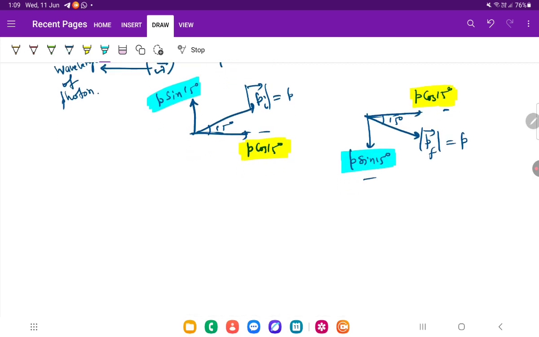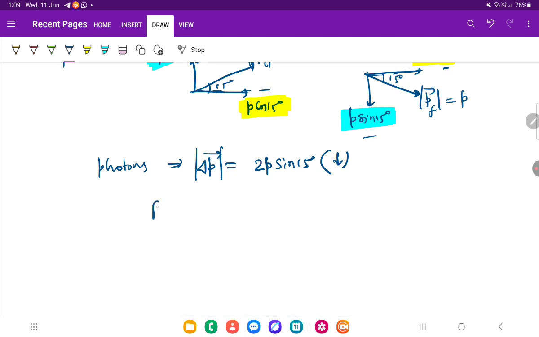So there is a change in momentum, its magnitude will be 2p sin 15 degrees, and it is in the downward direction. This is the change in momentum for the photons.